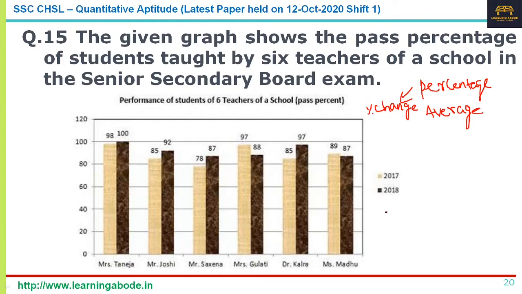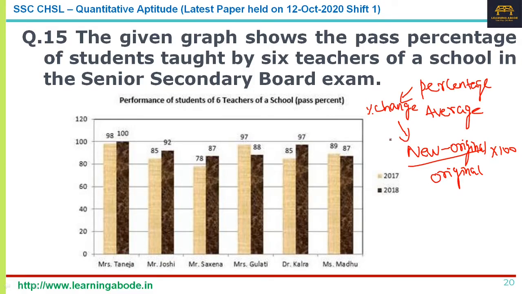Now when you are looking for percentage change, what is the formula you can write? New value minus original value, upon original value, into 100. When you are looking for improvement, you expect this change to be higher.